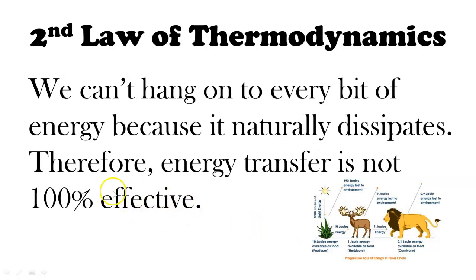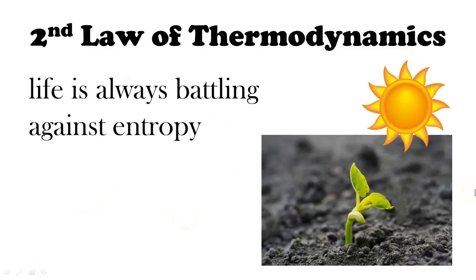So not only can we say that the transfer of energy is not 100% effective, I mean, it's not even close. And if we think about this in terms of the ecosystem as a whole kind of battling against entropy, the idea is that life is constantly against entropy.